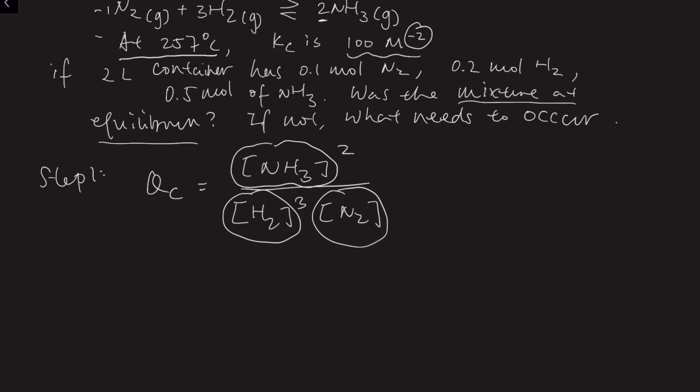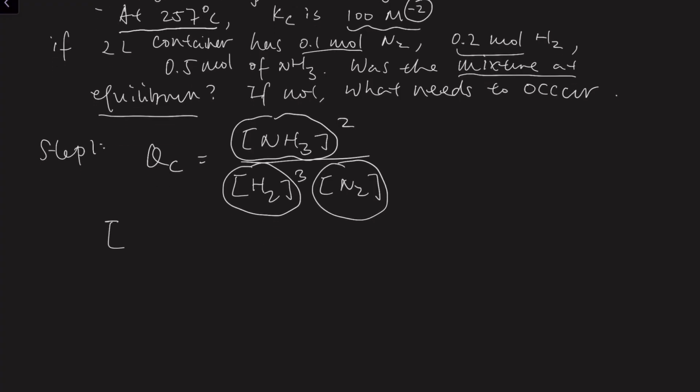But look at the question we have been given. We have 0.1 mole of nitrogen, 0.2 mole of hydrogen gas. So that's not in concentration form. So we need to convert everything into concentration first before we can proceed. So the concentration of ammonia is 0.5 divided by 2 because we have a 2-liter container.